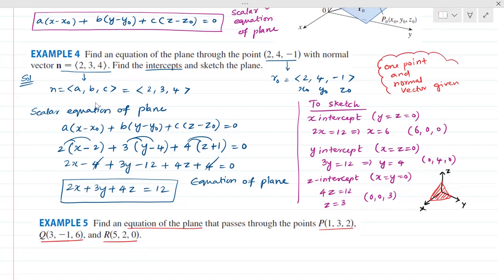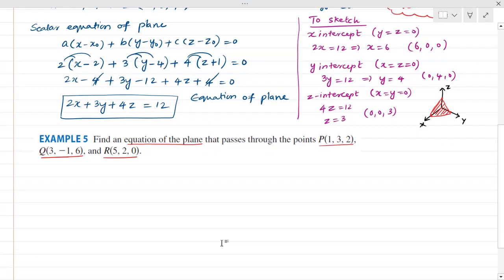But here the problem is we cannot go directly. Why? Because we don't have the normal vector. So first you have to calculate the normal vector to the plane. Only 3 points are given here. So how will you calculate it? This is a different type of problem.